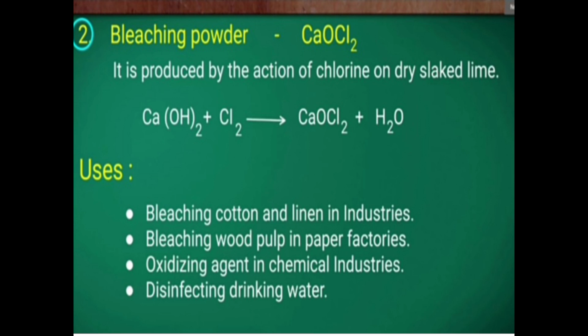It is also used for disinfecting drinking water which contains germs, bacteria and minute microorganisms. If bleaching powder is put in the water, it disinfects the water and keeps it free from germs.